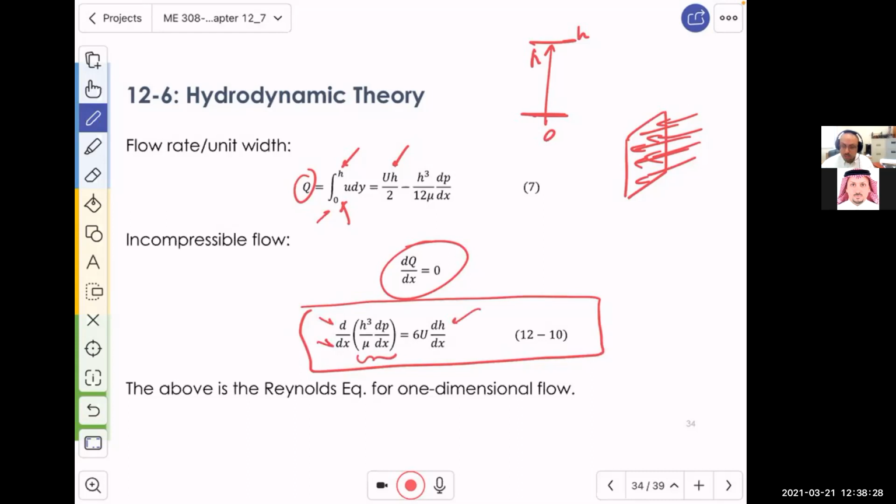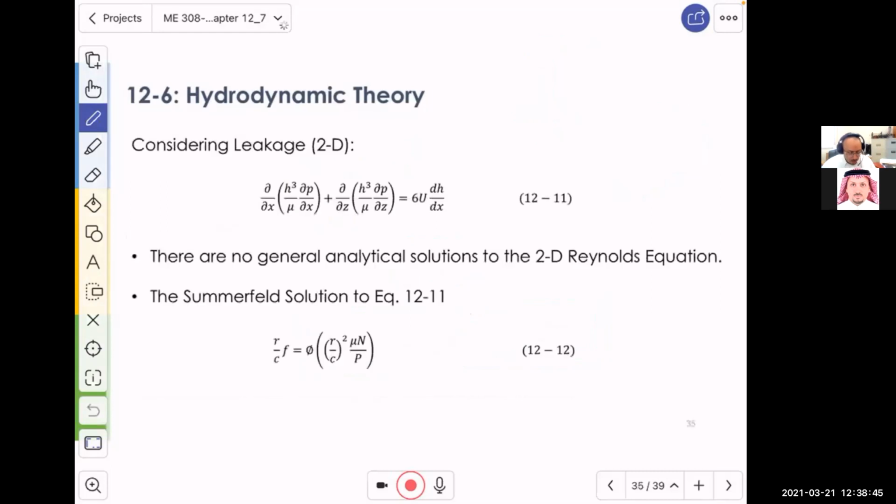Of course, this is not a solution. This is not a closed form solution. This is just a differential relation between the parameters p, x, u, h, and so on. In that solution, we consider that nothing is changing along the z direction.